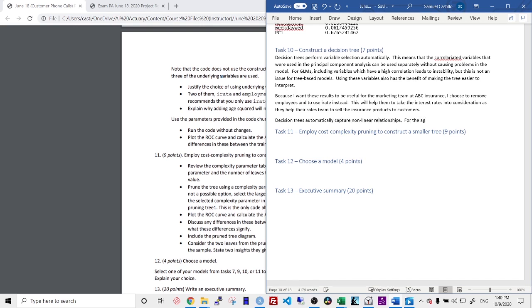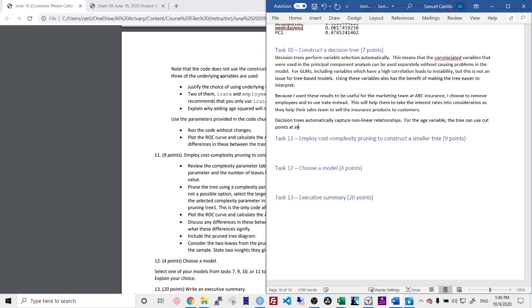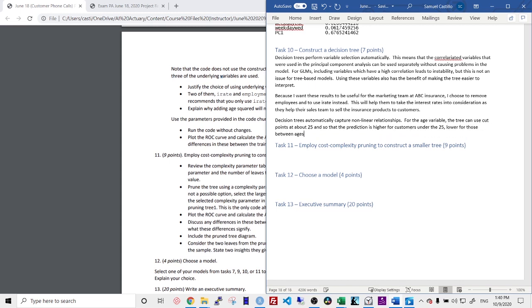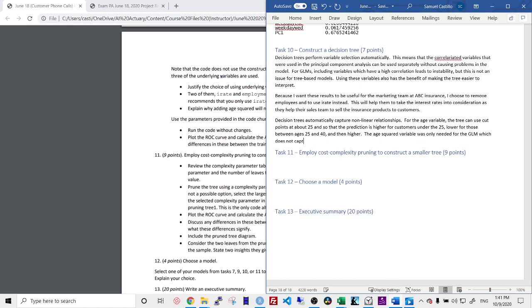For the age variable, the tree can use cut points at about 25 and 40 so that the prediction is higher for customers under the age of 25, lower for those between ages 25 and 40, and then higher. The age squared variable was only needed for the GLM, which does not capture these nonlinear trends.